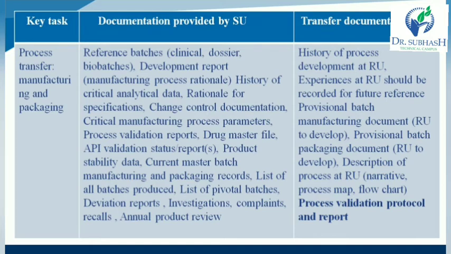Provisional batch manufacturing documents and provisional batch packaging documents are also required. The last one is a description of the process at the receiving unit. At the receiving unit, any process is described by a map or flowchart, and the process validation protocol and report are prepared.